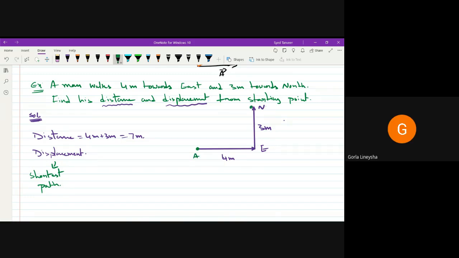He stopped here, B. Shortest path between A and B will always be a straight line, which is this. So now this is his displacement.